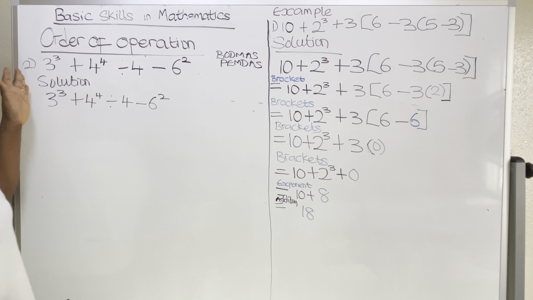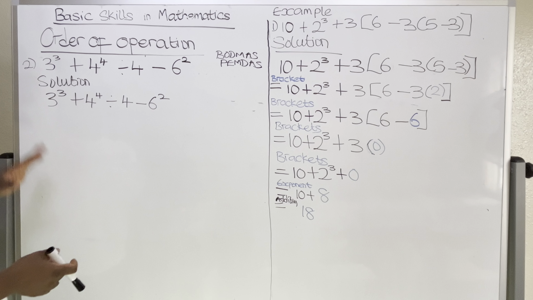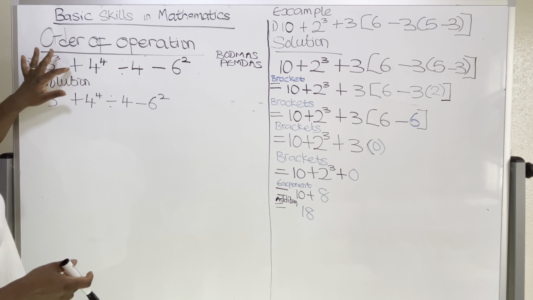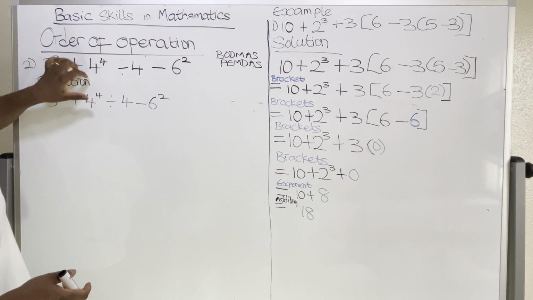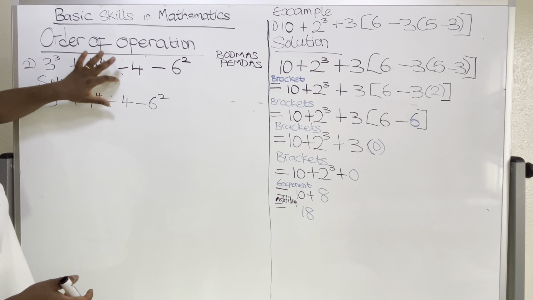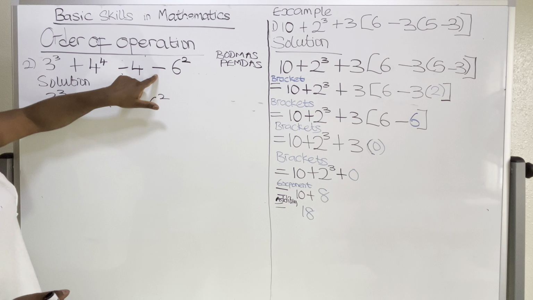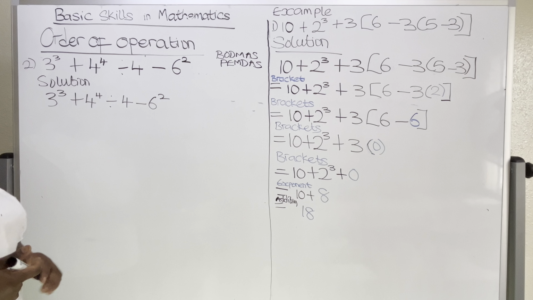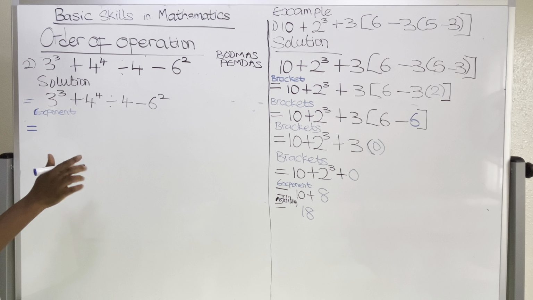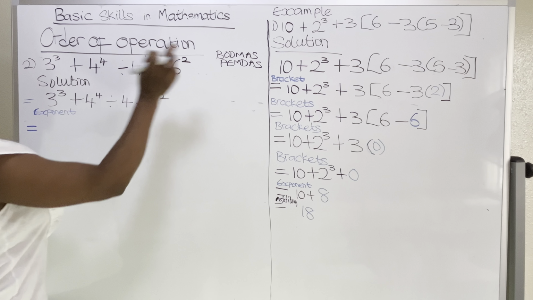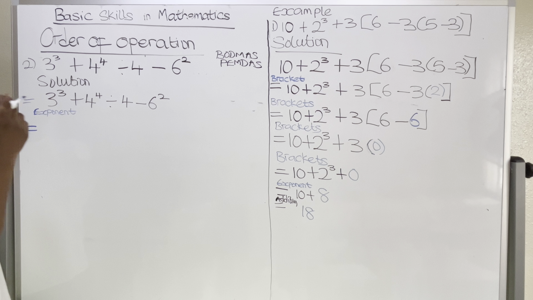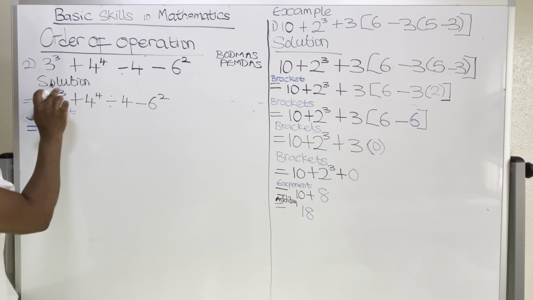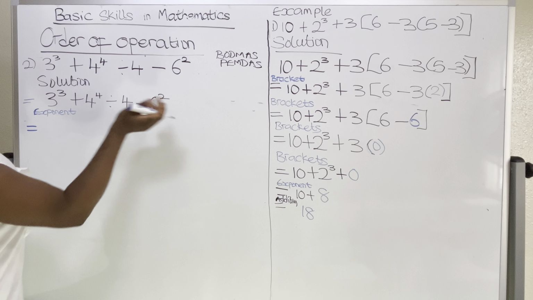Moving ahead, let's look at the second question. 3 cube plus 4 to the power of 4 divided by 4 minus 6 to the power of 2. The solution is this. There are no brackets, so we go to the exponentials, which are these ones that have powers.